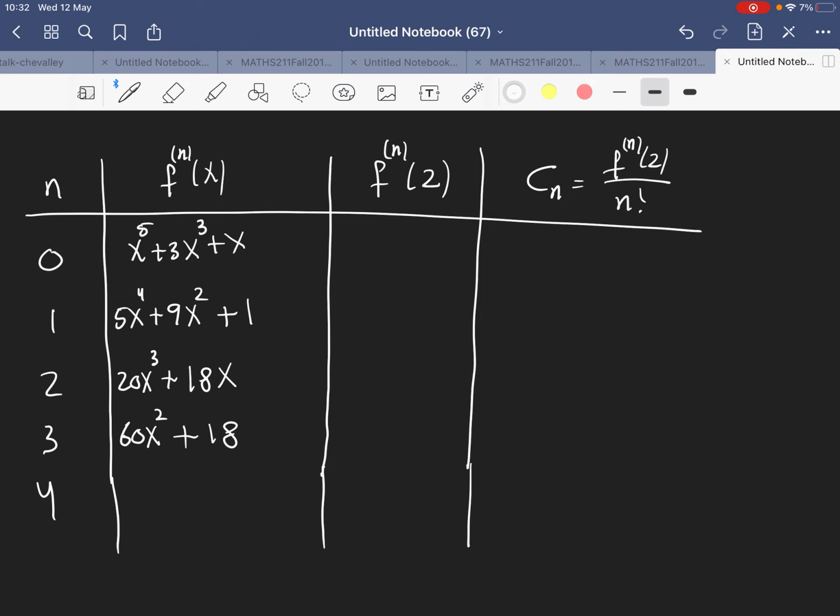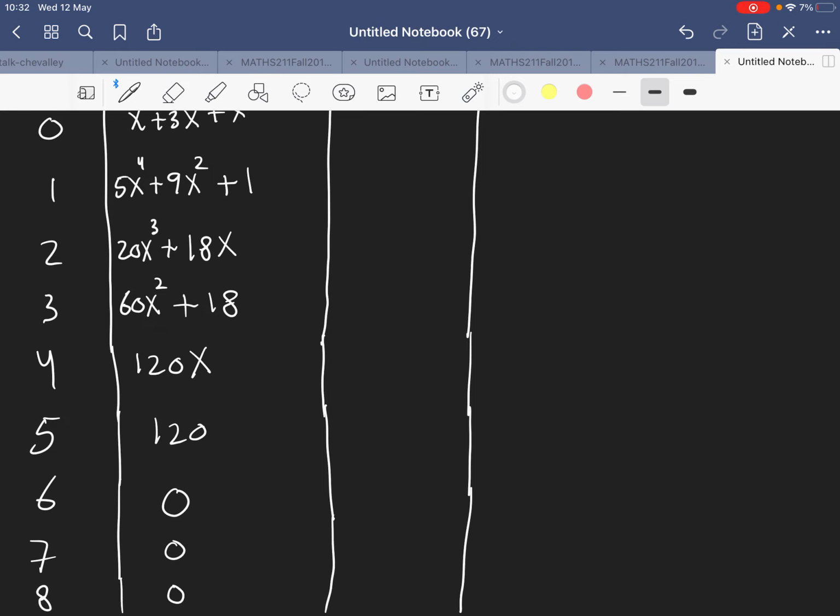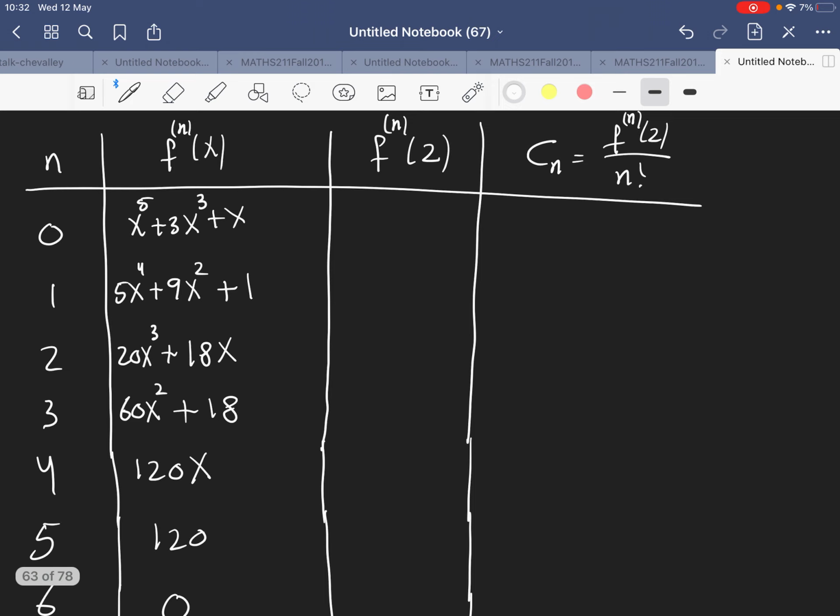Next derivative is 120x. I think I need to take the 5th derivative. It is 120, and then it will be just 0. So I can see the pattern is that this will not be an infinite series. It will stop at a certain number.